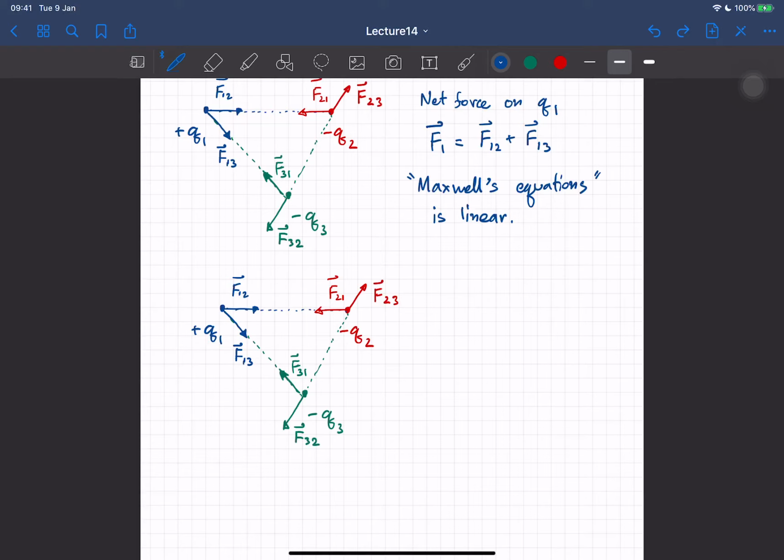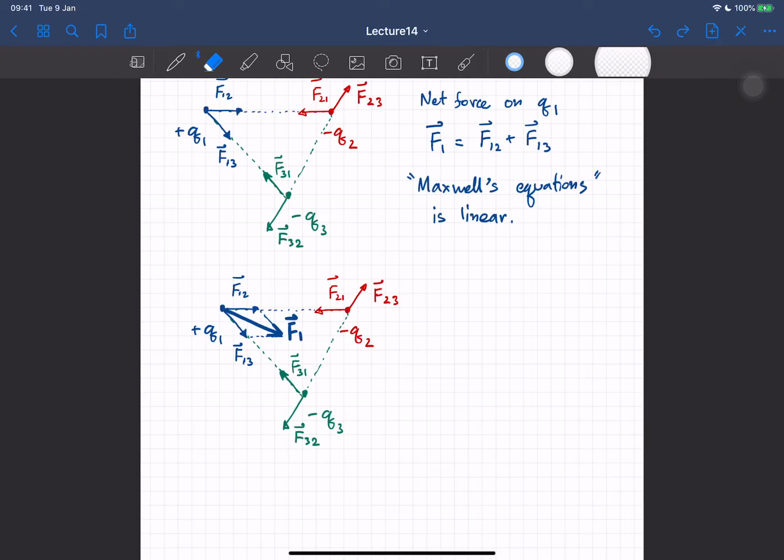What is the resulting force then? The resulting force is when you add the vectors together. So you get this one as the resulting force. This is what we call F1. Okay? According to this equation, F1 is this one plus that one.